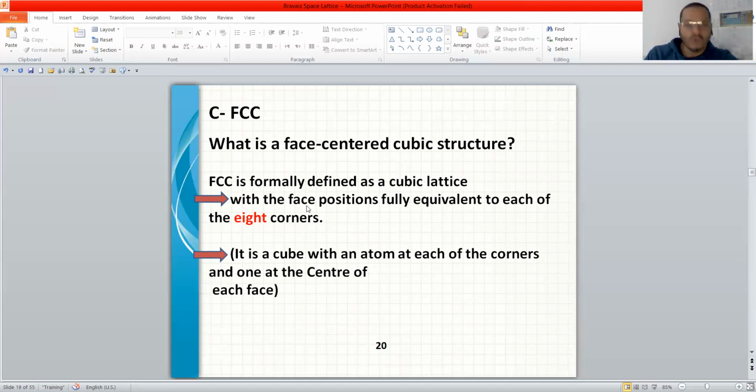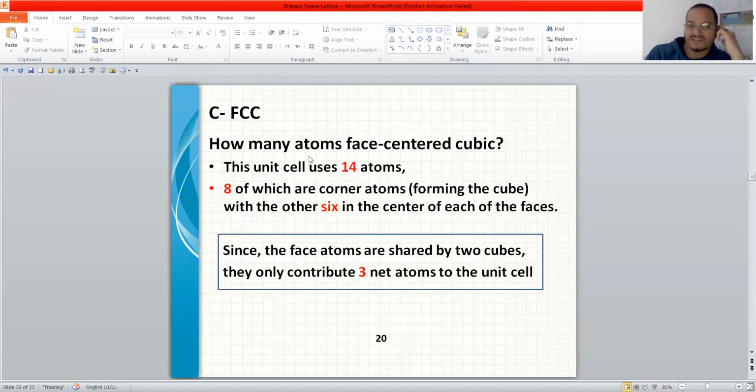We focus on one cube because we will assume we have 3 atoms, because the 6 faces have atoms. The last result will be 3, so the number of atoms in the FCC will equal 4. Let me illustrate to you how we could do that.